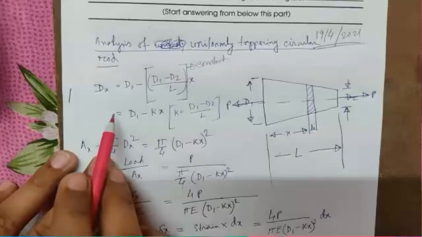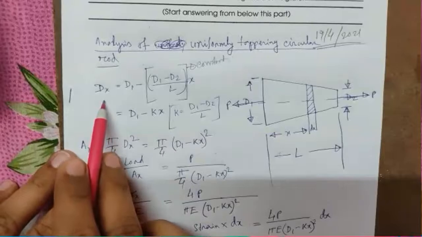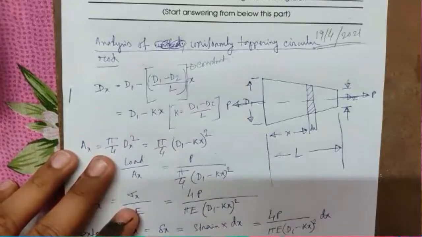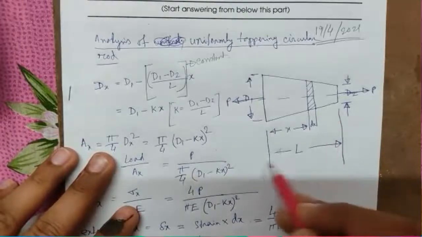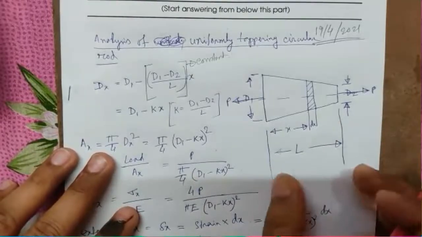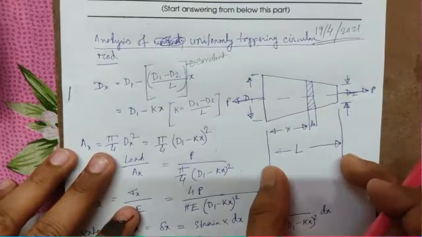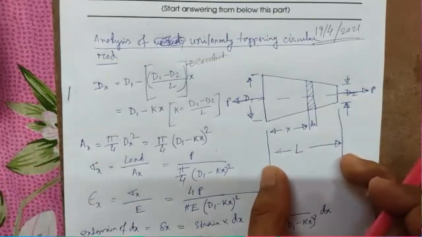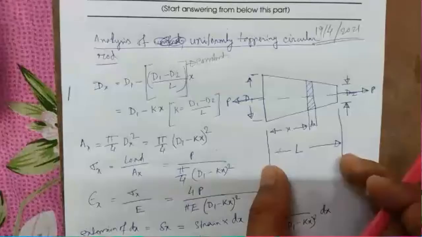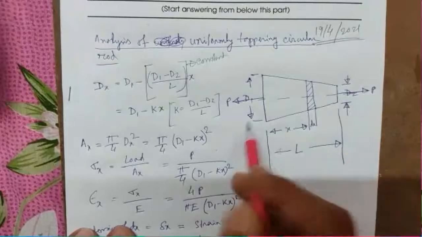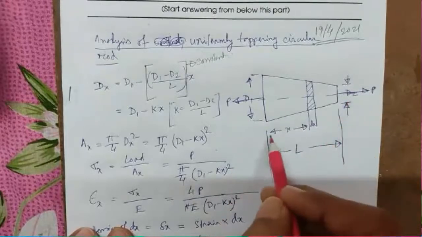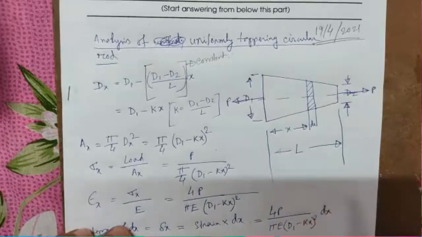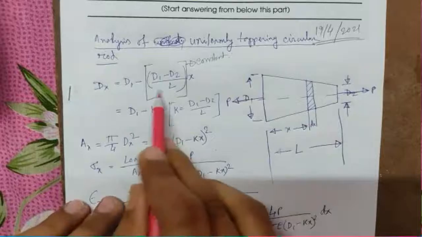Now the question is, how did you find the value of dx? You just look at the figure, it's simple geometry. If the length is capital L, for this length capital L, the variation in diameter is d1 minus d2. So for this x length, the variation will be how much? This much.